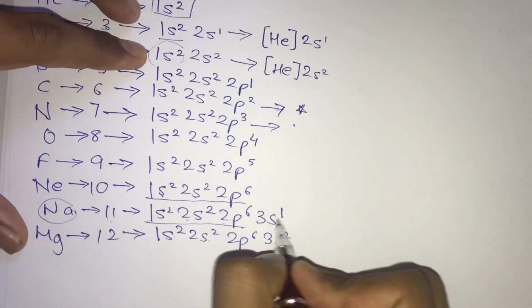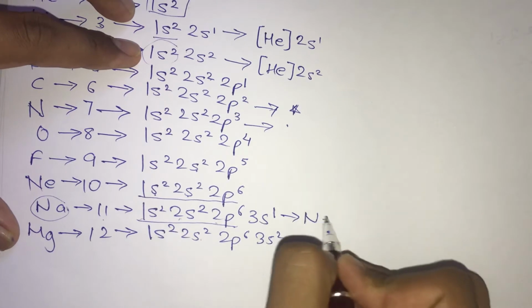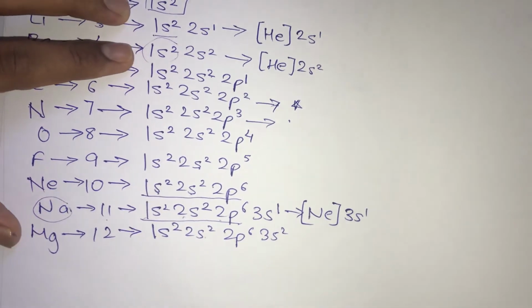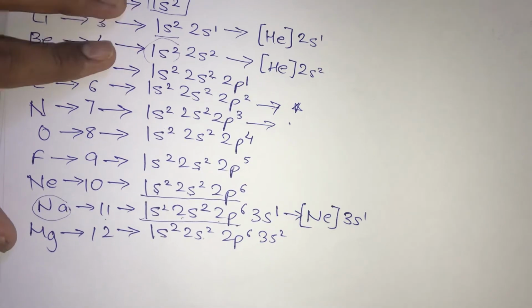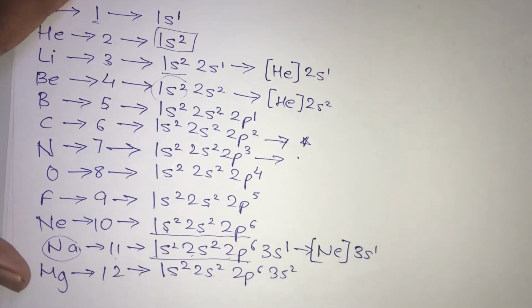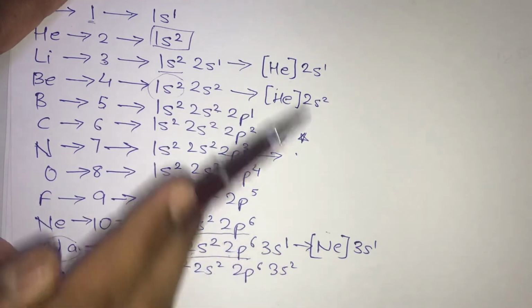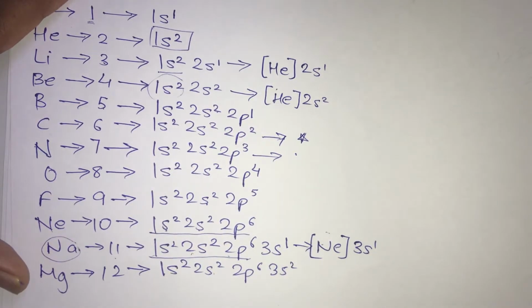So can I write this as neon 3s1? Now guys, I want to mention one point, that you can only write condensed formula with the help of the inert gases, helium and neon. No other element is allowed. Only inert gases are allowed for condensed electronic configuration.